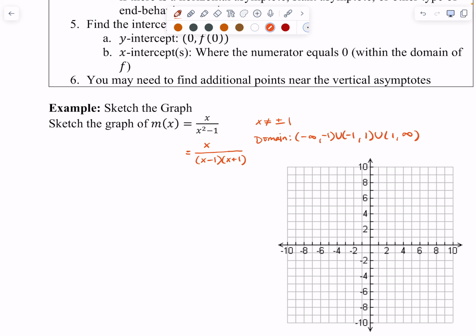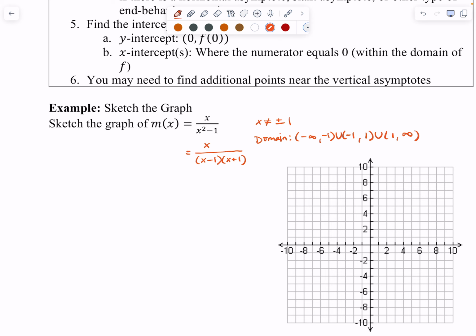All of this is kind of side work. Our goal right now is to sketch the graph of m of x, but I'm going to also take you through things that could show up as questions on your quiz today. So if I'm asking you about points of discontinuity, what type of discontinuity is occurring and where? There are vertical asymptotes at 1 and negative 1.